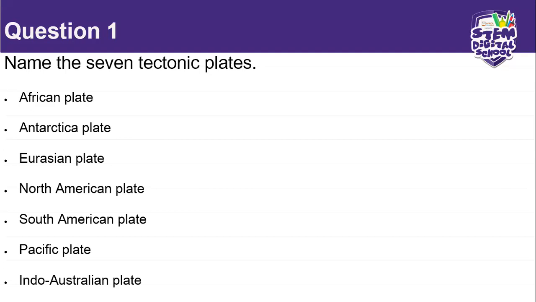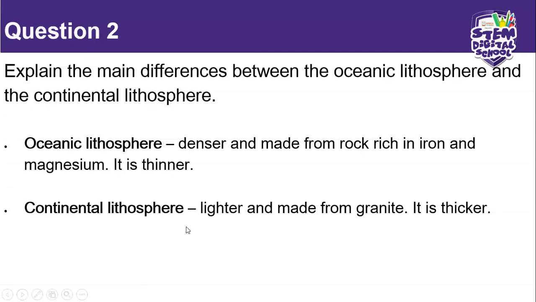Then we go to question 2. Explain the difference between the oceanic lithosphere and the continental lithosphere. So oceanic lithosphere, it is denser and made from rock, rich in iron and magnesium. It is also thinner.